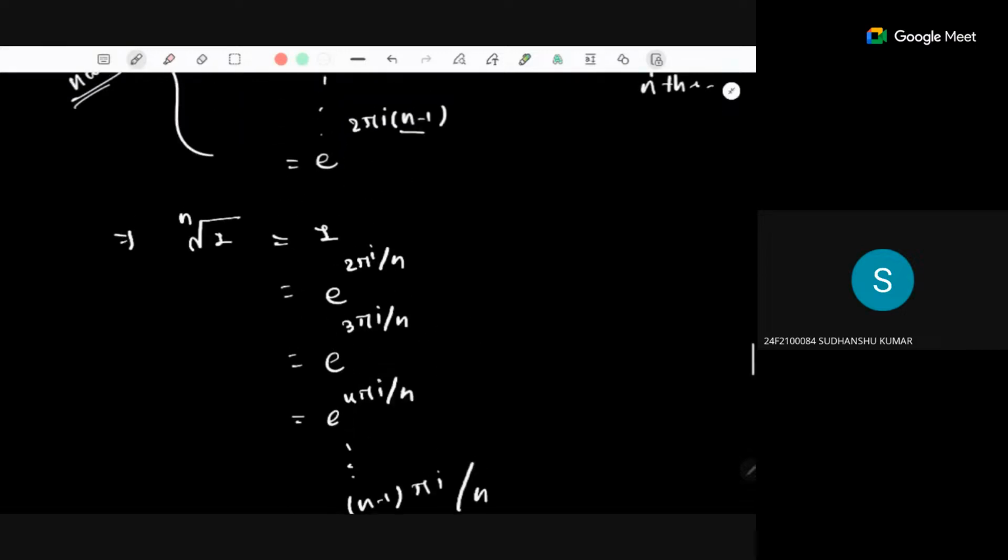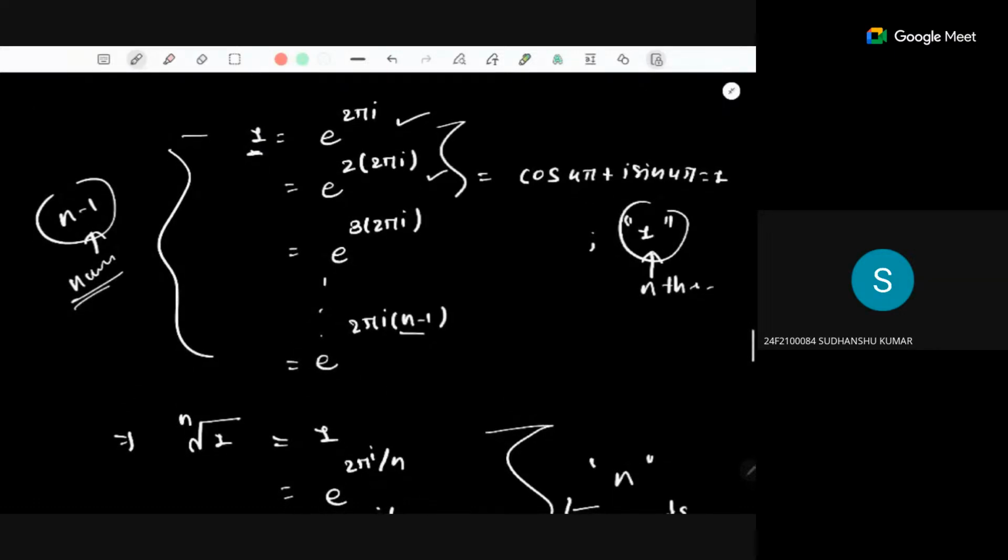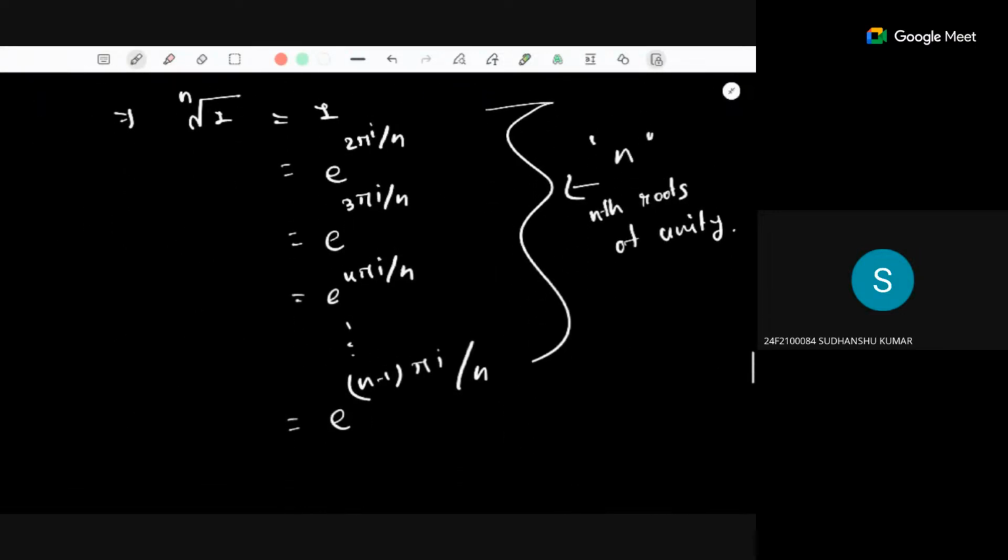So here we found the nth roots of unity, just by taking the nth root of these numbers, e to the power 2 pi iota, e to the power 4 pi iota, and so on, because we know that these numbers represent 1 only. So if you take the nth root of each number, you will get n different nth roots of unity.